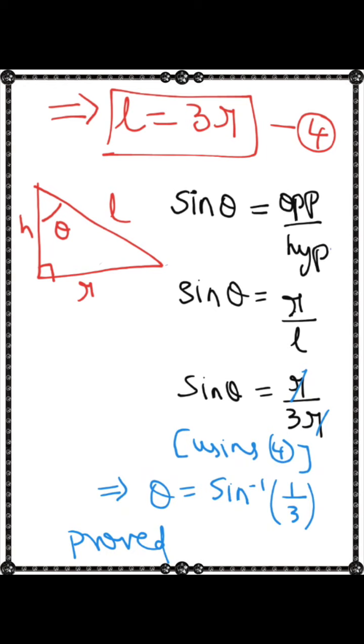R is the opposite side, H is the adjacent side, L is the hypotenuse. And for sine theta, from the triangle we have the formula opposite by hypotenuse, that is R by L. And using equation 4 we replace L as 3R, cancelling the terms we get 1 by 3. Taking sine to the right side as inverse, we get sine inverse of 1 by 3.